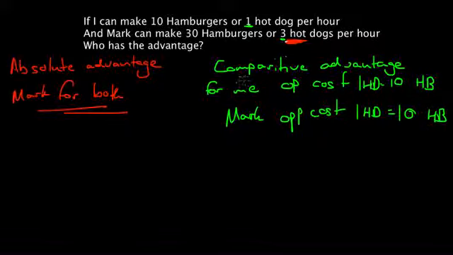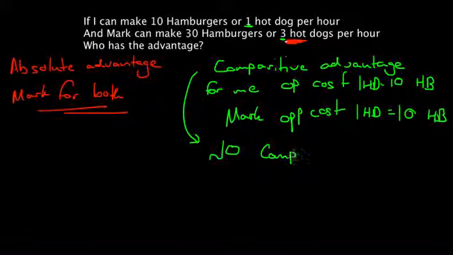So in this case, we say that neither of us have a comparative advantage. And this still isn't violating our rule that we set out earlier that one person can't have a comparative advantage in both products. In this case, neither person has a comparative advantage.